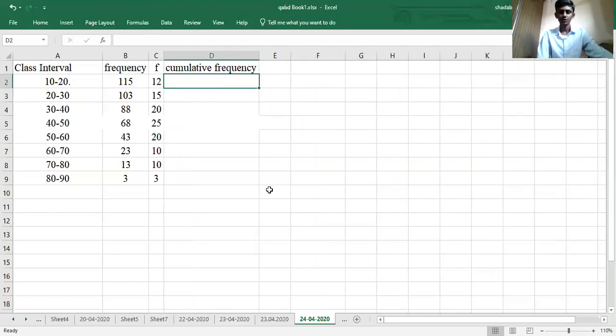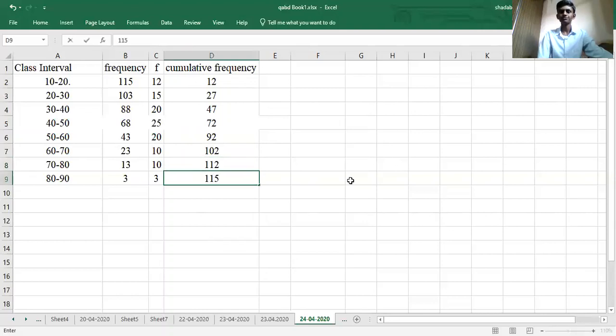Now 12 plus 15, 27. 27 plus 20, 47. 47 plus 25, 72. Then 72, 92, 102, 112, 150. This one is the actual cumulative frequency.